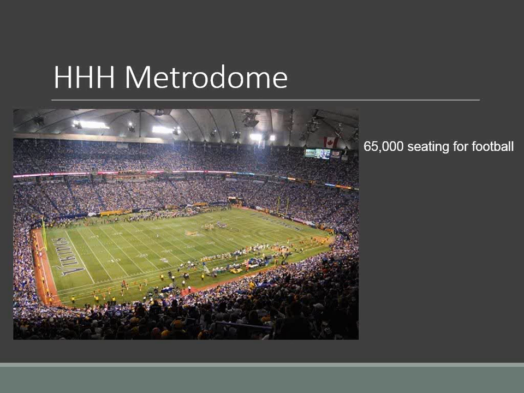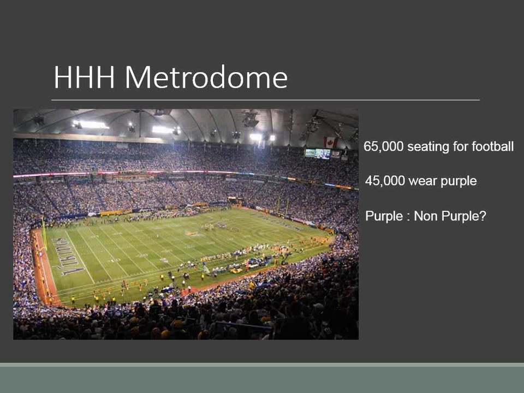If we're looking at this picture, we can see that quite a few of the people in this area are wearing purple, of course, for the Vikings. So we're going to assume that 45,000 out of those 65,000 people are wearing purple. So our question might be, what is the ratio of people wearing purple in the Metrodome to people not wearing purple?